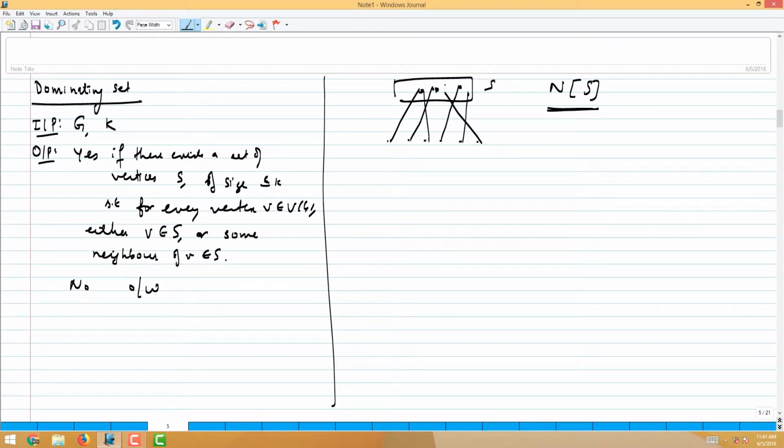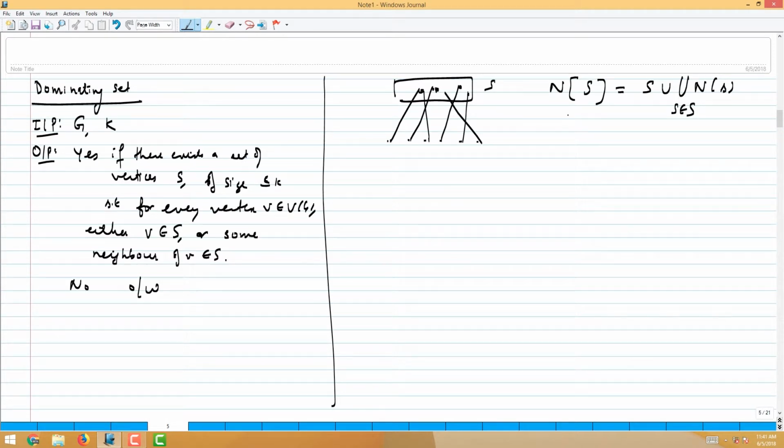Look at any vertex in the graph, it has to be a neighbor of some vertex of S. Okay, I think I'm not able to convey the definition of N of S. This is a closed neighborhood, so let me write N of S. N of S is equal to S union the neighborhoods of all vertices in S. So N of S has S in itself.